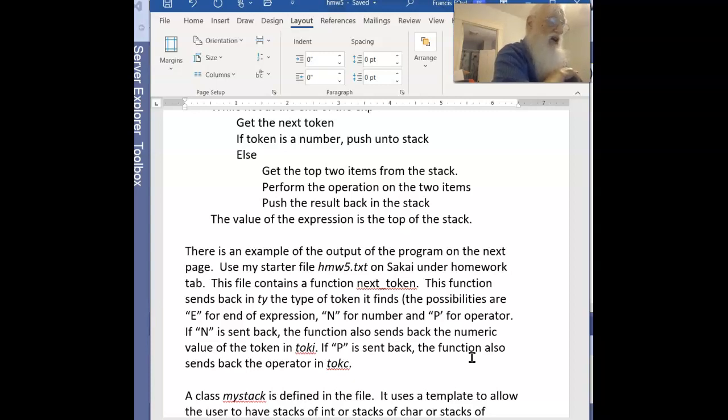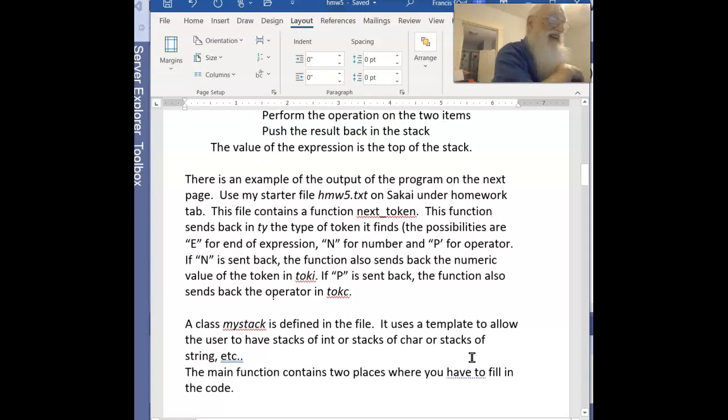One thing it sends back always is the type of token it found. It's either an N for number, a P for operator, or an E for the end of the whole thing. Now, if it's N, I will send back the number in another parameter, which is called token I. If it's P, I'll send back the operator in another parameter, token C. Originally the C was for character.